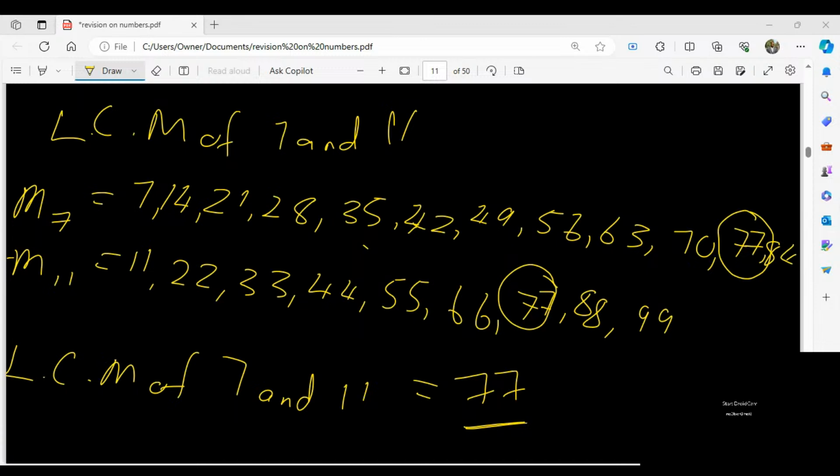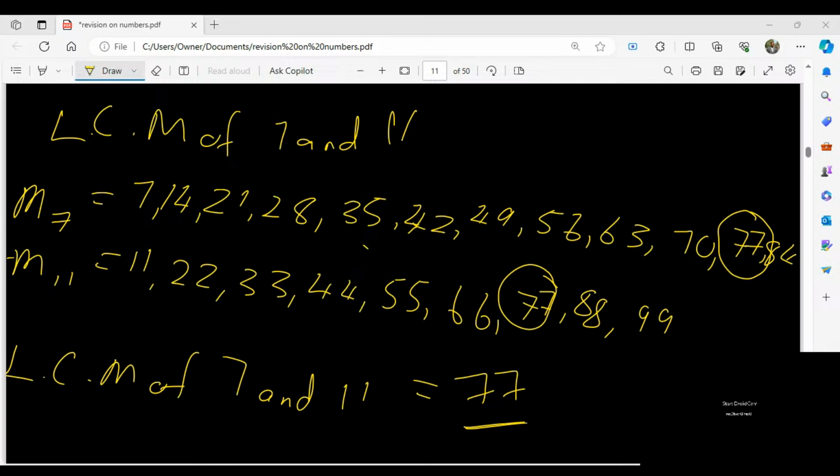All right. So we've been looking at this revision on numbers. We started by looking at integers, how to add and subtract integers. Then we looked at working with number pyramids where we did addition pyramids.